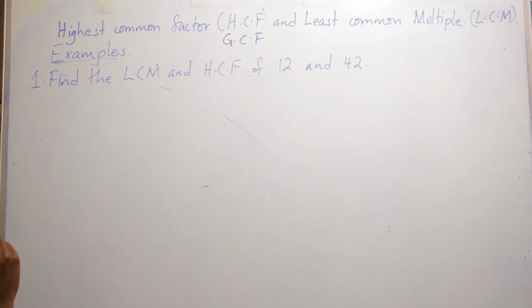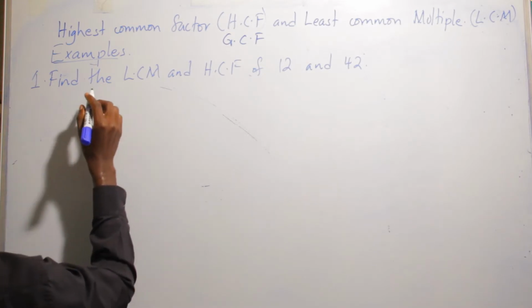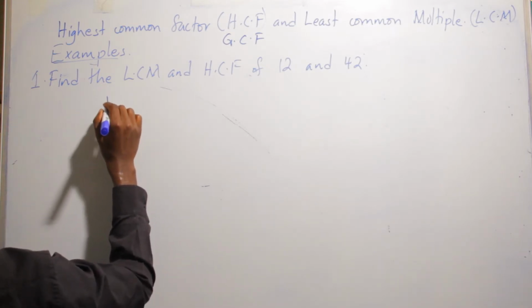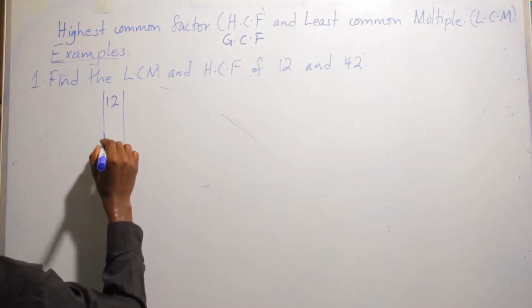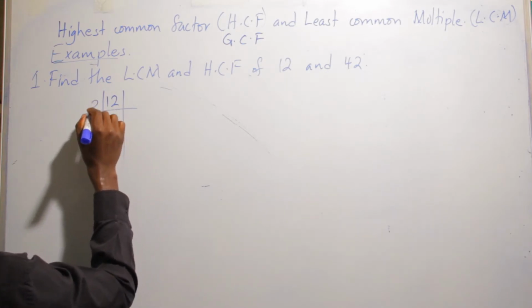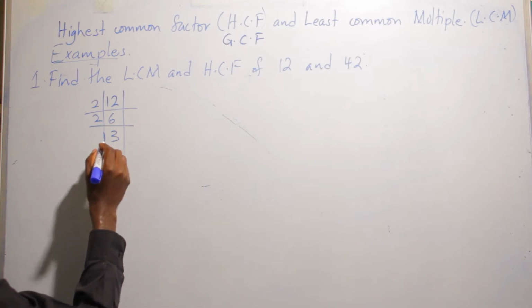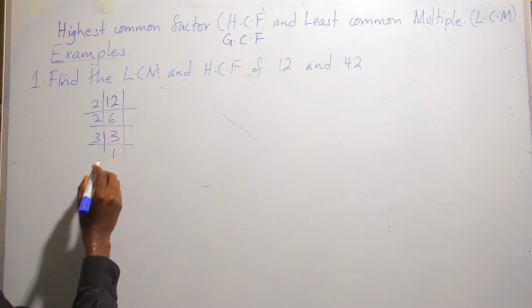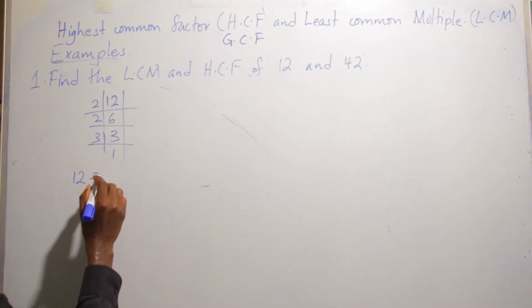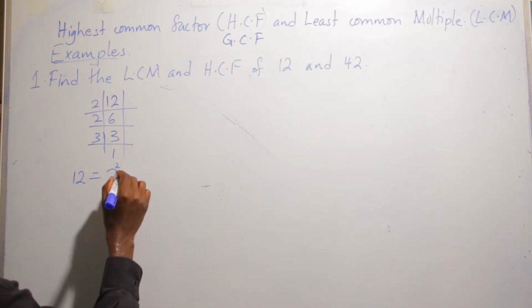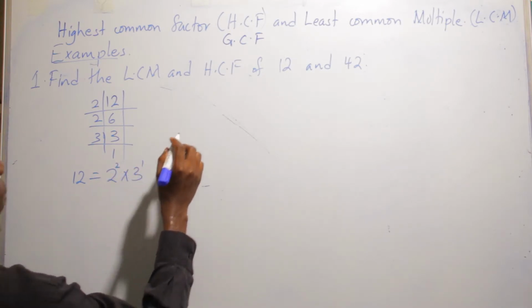Method 1, we are going to first prime decompose the 12 and 42. So by 2 I get 6, by 2 I get a 3, and then by 3 I get a 1. So 12 is equivalent to 2 power 2 times 3 power 1.